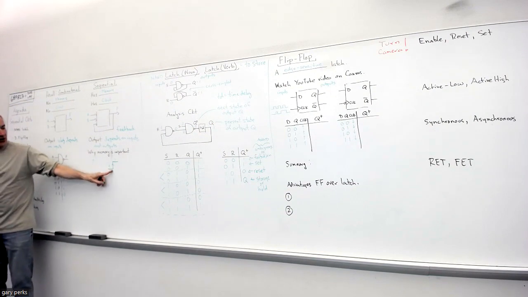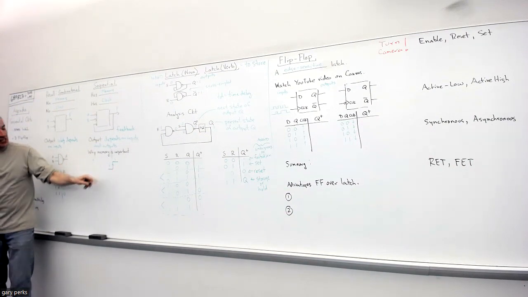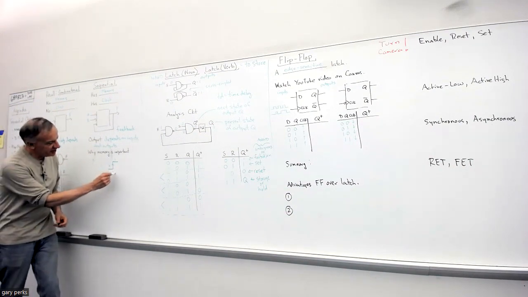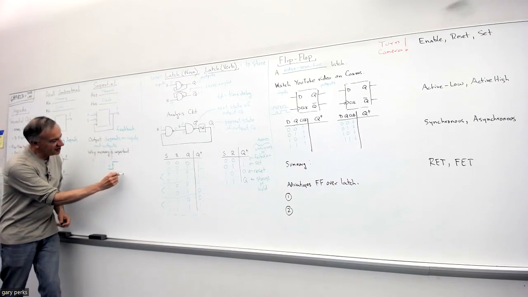You see that arrow refers to the time that the signal on the clock input changes from a 0 to a 1. We call this the rising edge.